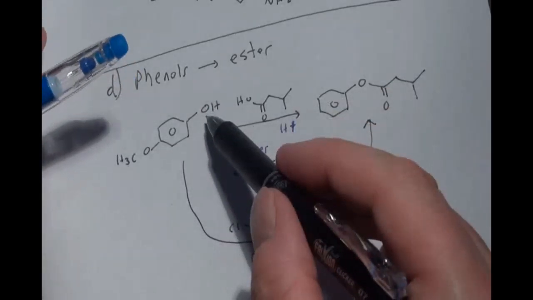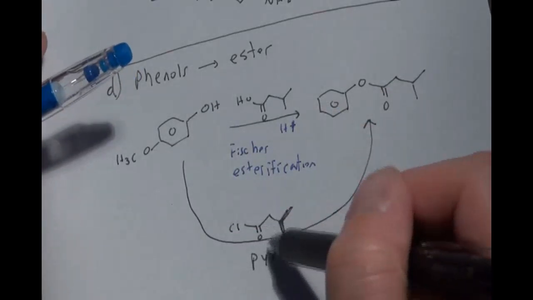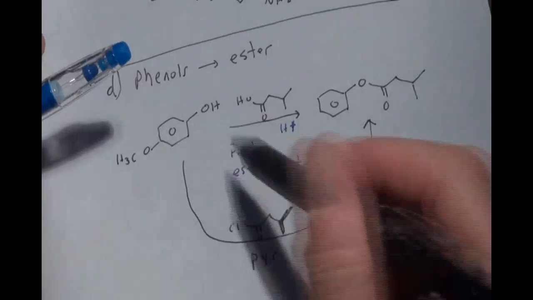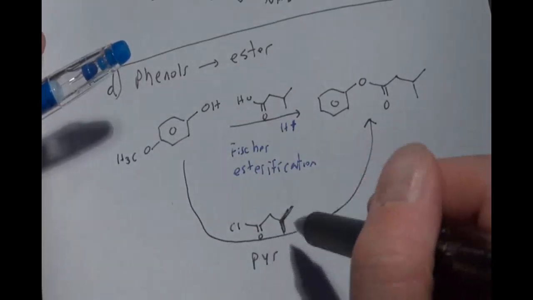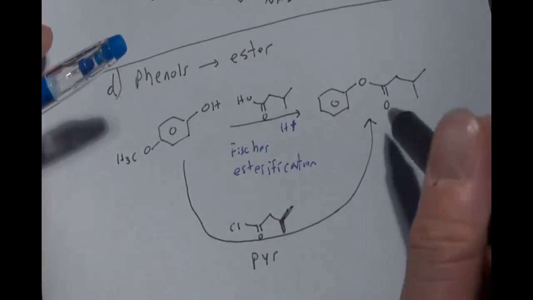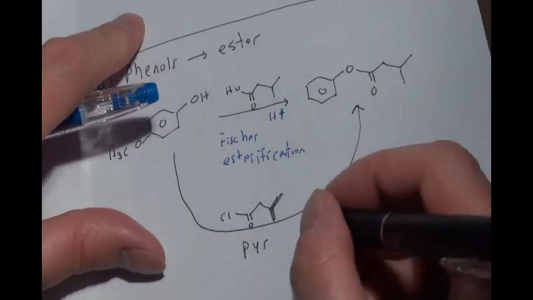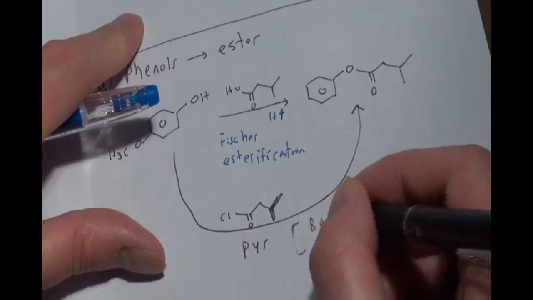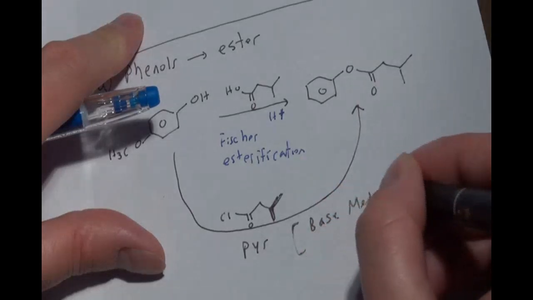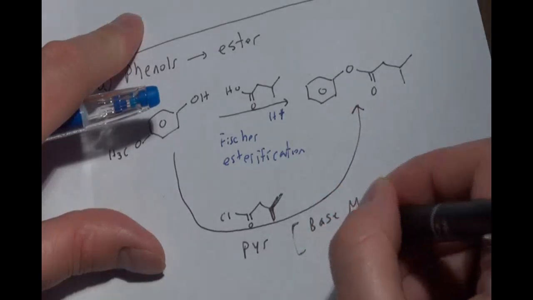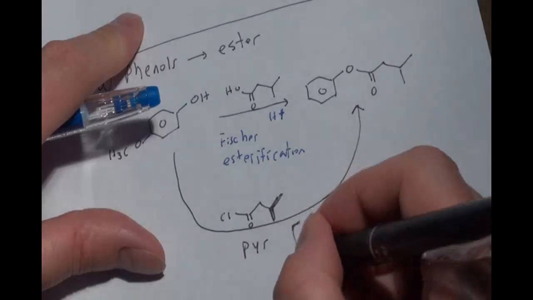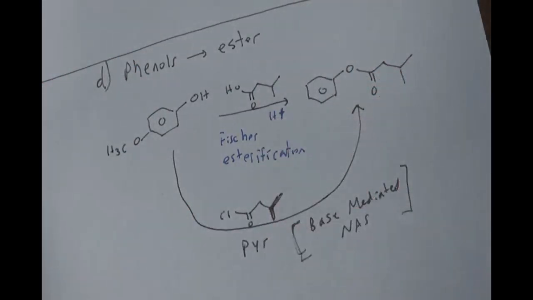So the phenol would attack the carbon, and then the base would take the proton, and then electrons kick off the chlorine, and you get the product. Okay, so we call that, using the nomenclature we used before, base mediated NAS. Okay, all right, cool.